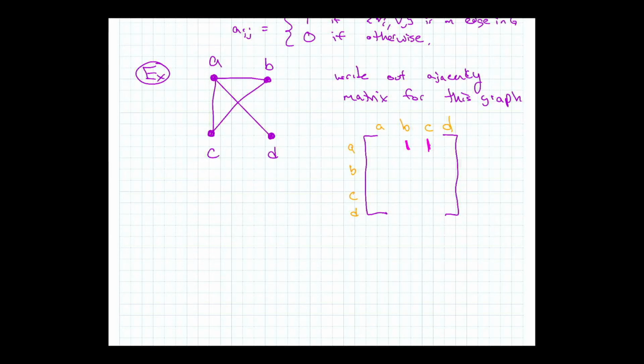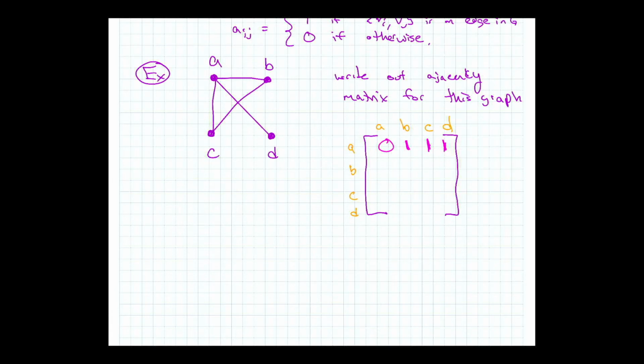And then there's an edge between A and D. So A, D. You put a 1 there. Now, look at A. Is there an edge from A to A? No, there's no edge from A to A, right? So this would be a 0. All right, so that's the first row done.